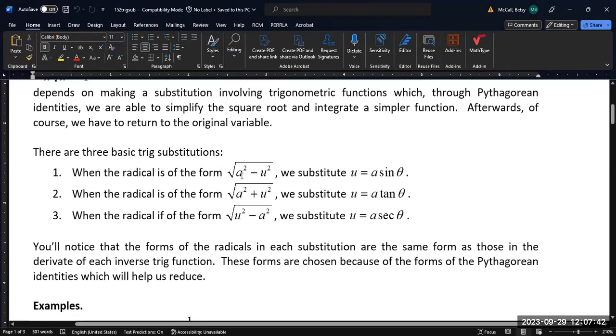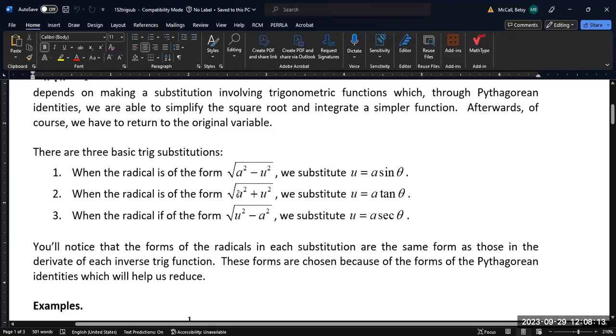If the radical form is of a constant minus a function squared, and this might be x, or it might be x squared, or it might be e to the x, again, it depends on what particular problem you're doing, you will replace that function with a sine theta, where a is related to this constant. That's what's going to allow us to pull that constant out of the radical and apply our trig substitution.